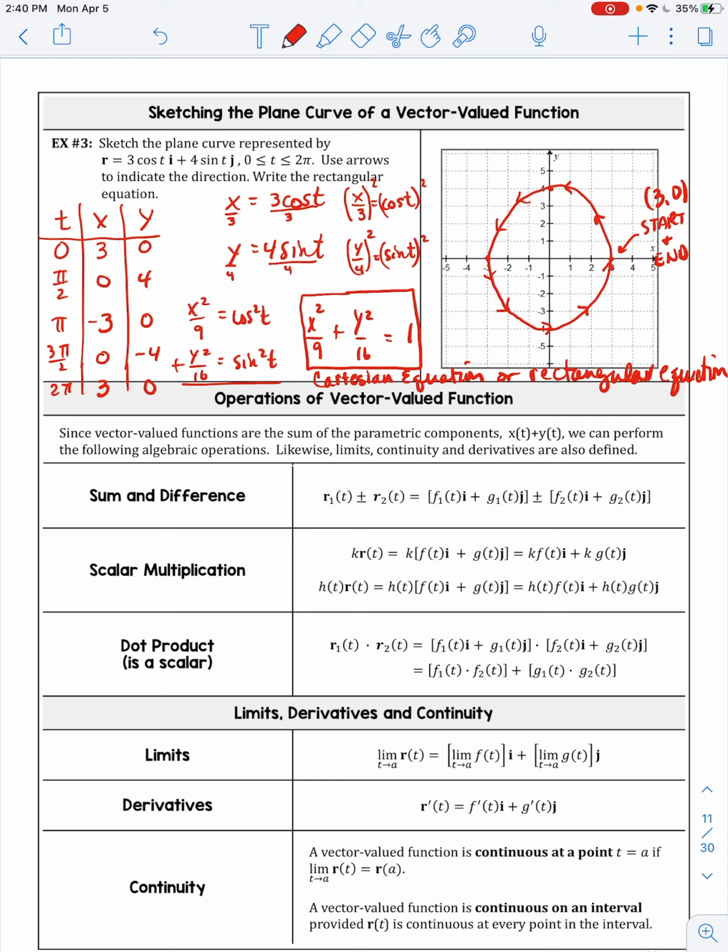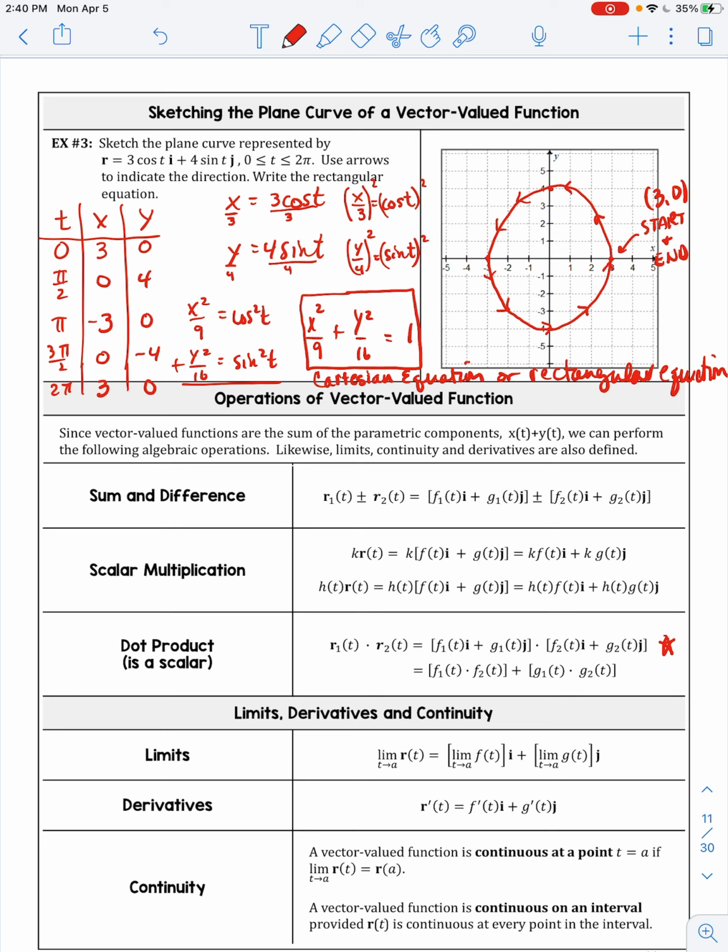If you are doing the dot product of two vector-valued functions, it is equivalent to the dot product of those functions in that form of i times j, as they've shown you here.